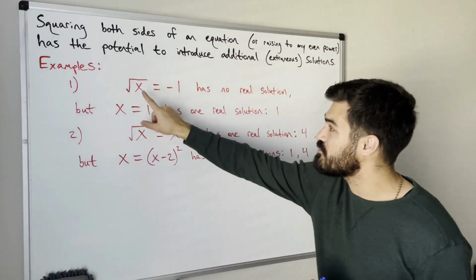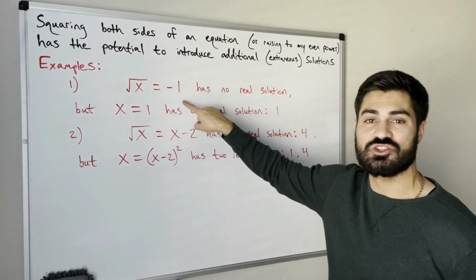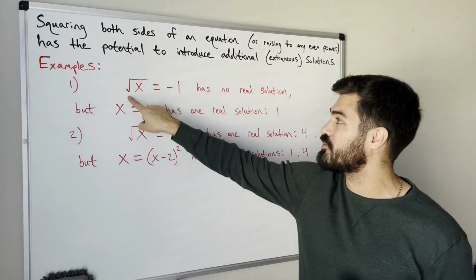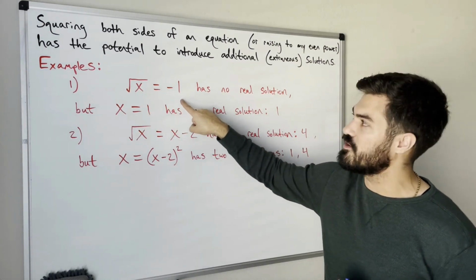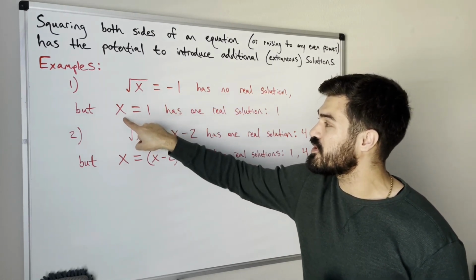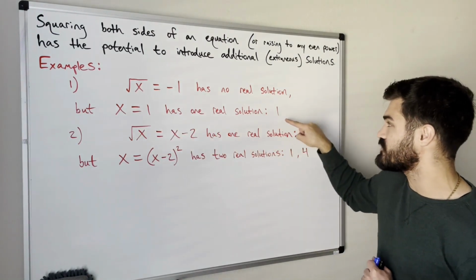Here are a couple of examples. We have this equation, square root of x equals -1. This equation has no real solution. There does not exist a real number that you can take the square root of and get -1, right? However, once we square both sides of this equation, we get this new equation, x equals 1, which does have a real solution.